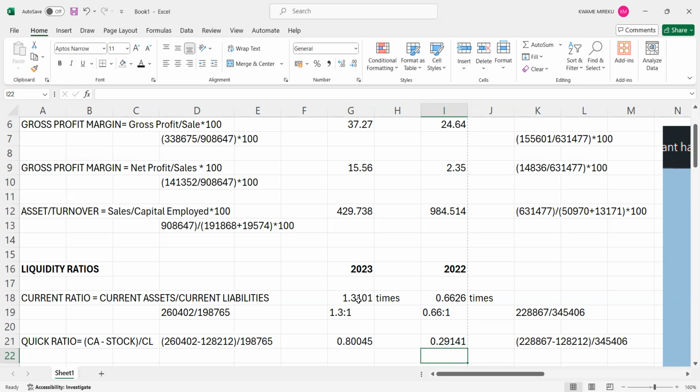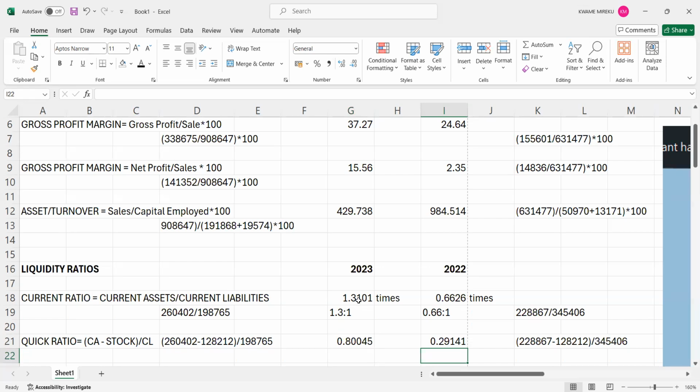That means our current assets less our stock could pay for only 80% of our current liabilities. It couldn't pay fully all our current liabilities. It could only match 80% of our current liabilities.